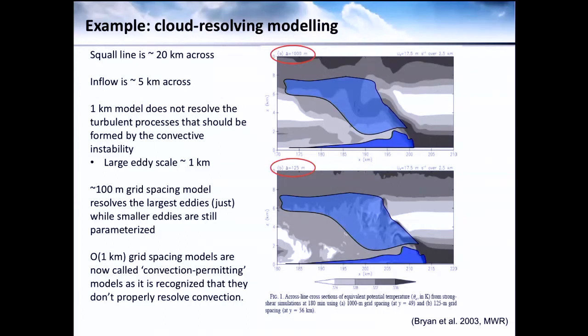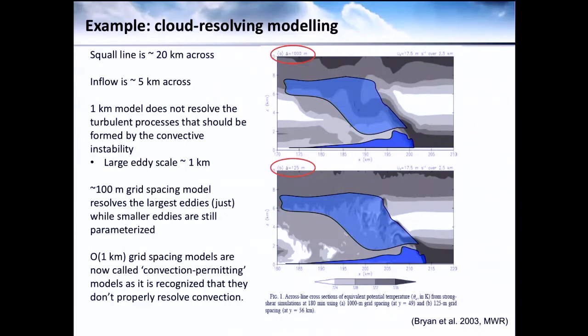All right? And George wrote this paper where he said, okay, let's test that. We'll take our model, we'll run it at 1 kilometre grid spacing, we'll run it at smaller and smaller grid spacings down to 125 metres, which was pretty remarkable for 2003 because this is a really expensive calculation.